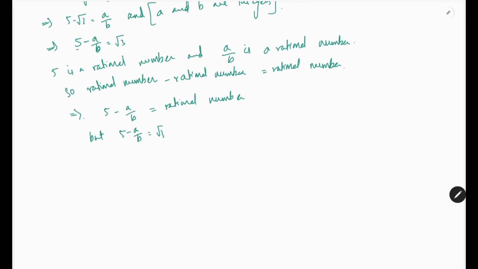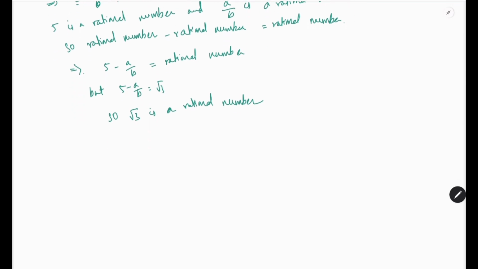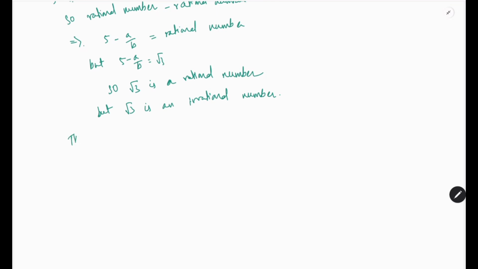So root 3 is a rational number. But in the previous example we have proved that root 3 is an irrational number. So this contradicts our assumption.